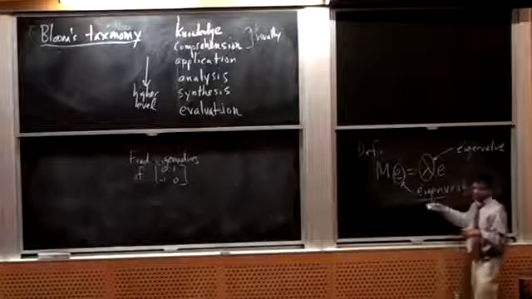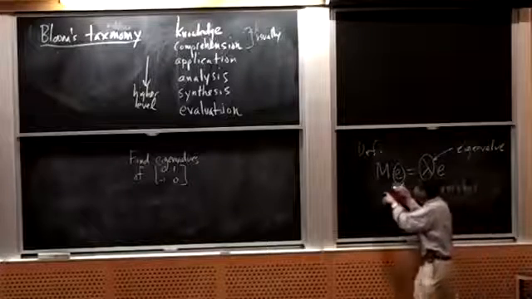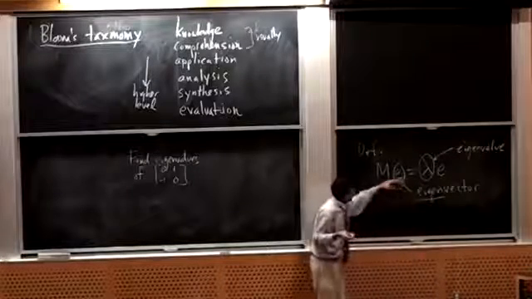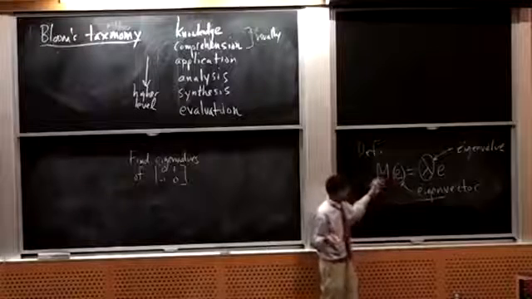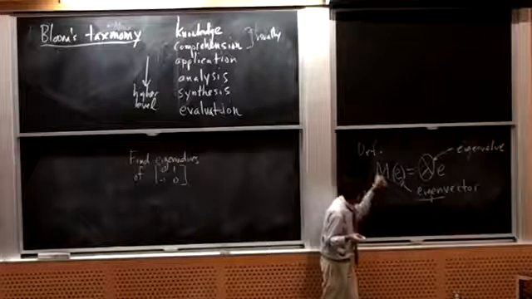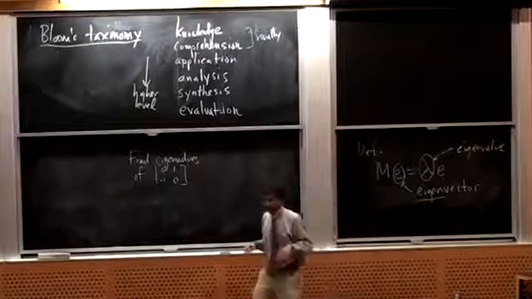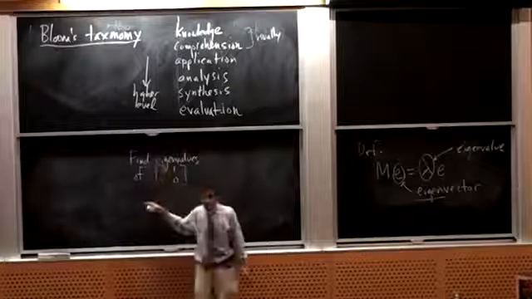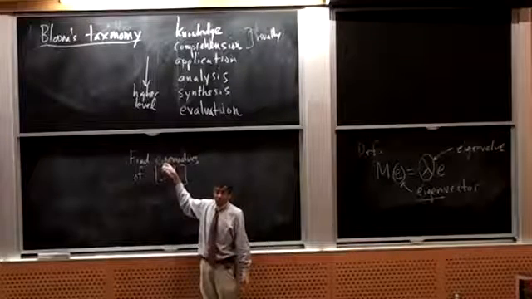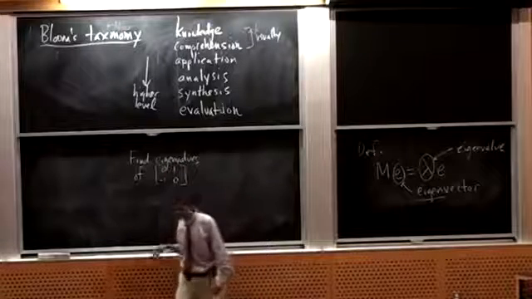So eigen meaning own in German. So it's somehow this vector belongs to the matrix. It's said to be an eigenvector of the matrix. It's preserved when you hit it with the matrix, you get back the thing itself. So in that way, it belongs to the matrix. Okay, so there are recipes for computing it. And so here, I'm asking students to use the recipe for computing the eigenvalue.